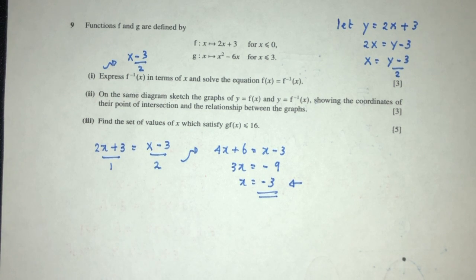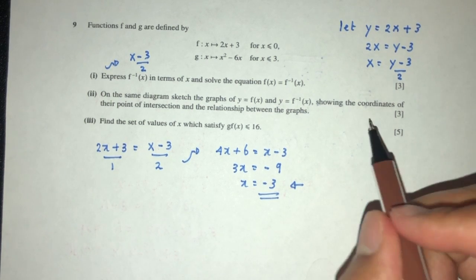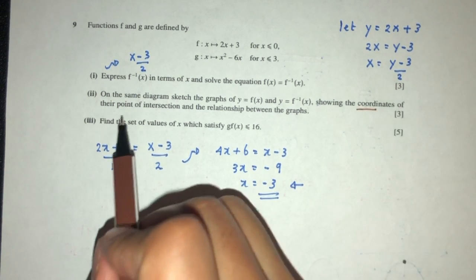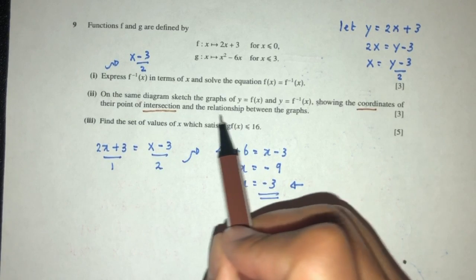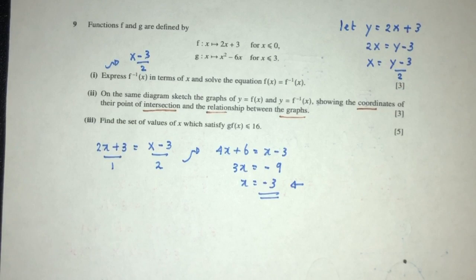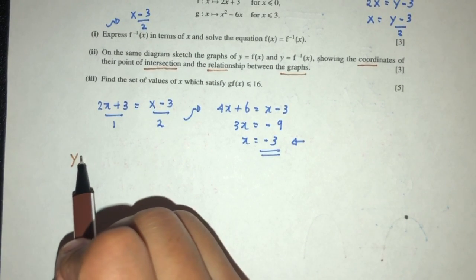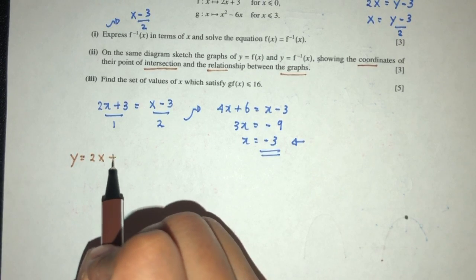Now we can have part 2. On the same diagram, we have to sketch the graph of y equal to f of x and y equal to f inverse of x. We have to show the coordinates of the points of intersection and the relationship between the graphs. So at first we have y equal to f of x, y will be 2x plus 3.